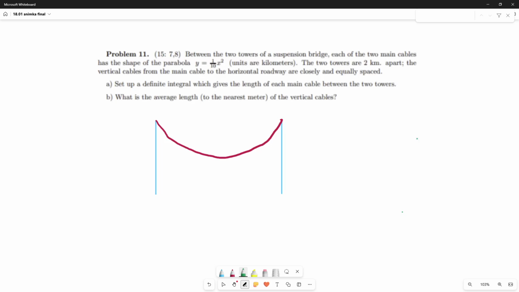Now I'll place the x-axis to correspond to the parabola. Since the parabola is 1/10 times x squared, it passes through the origin. It touches the origin over here.